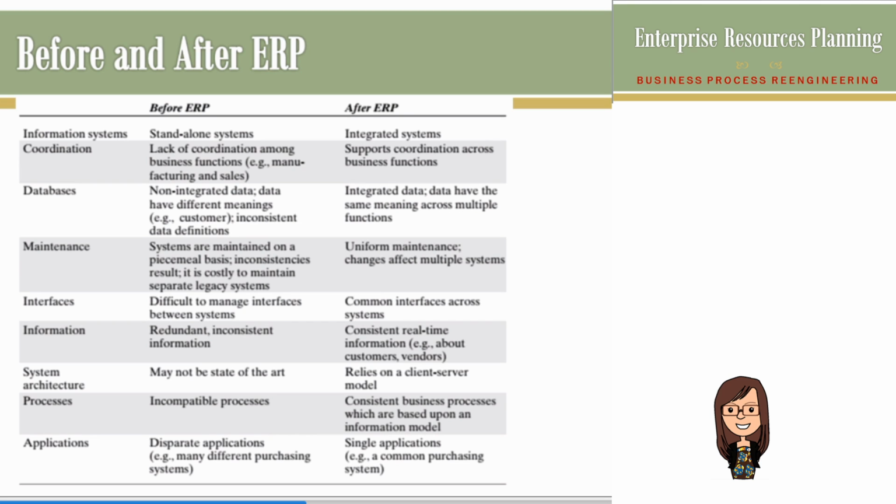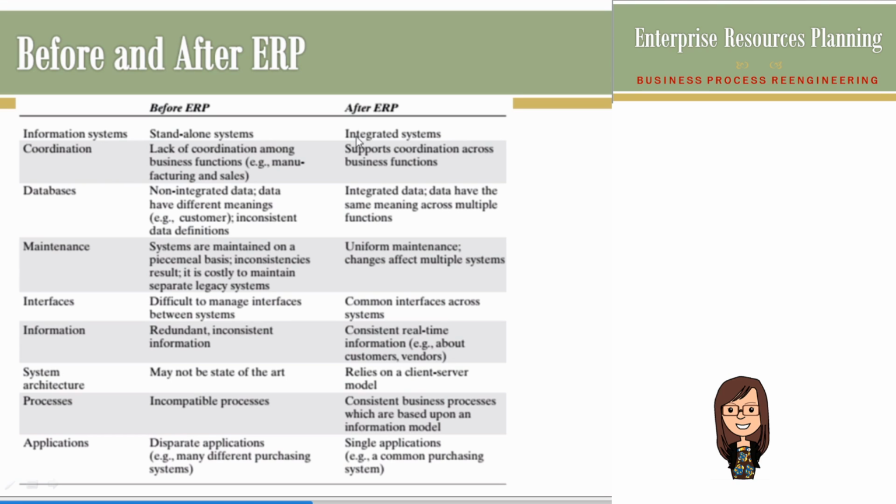In this picture we can see the difference before and after when we use the ERP. So in terms of the information system, it becomes an integrated system. If previously it was standalone, or what we call a silo, now it becomes integrated.